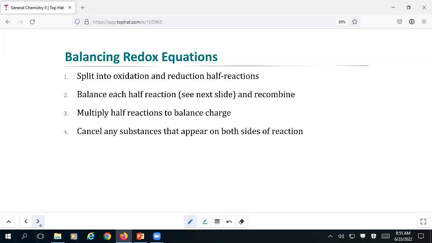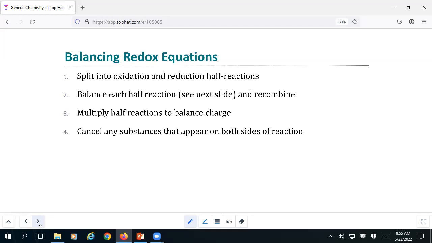The first thing that you need to do is split it into half reactions. Now, the easiest way to identify the oxidation and reduction half reactions would be to assign oxidation numbers to everything and then figure out where the electrons are going.